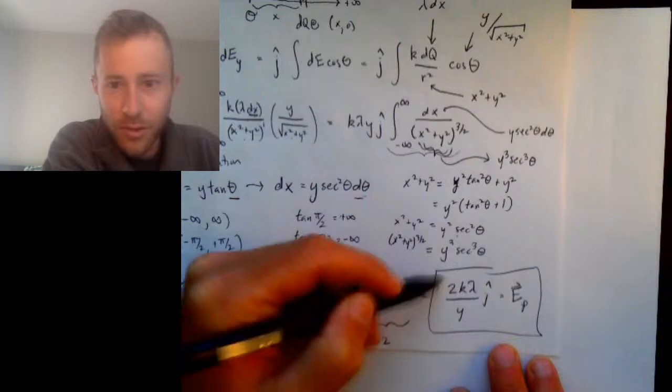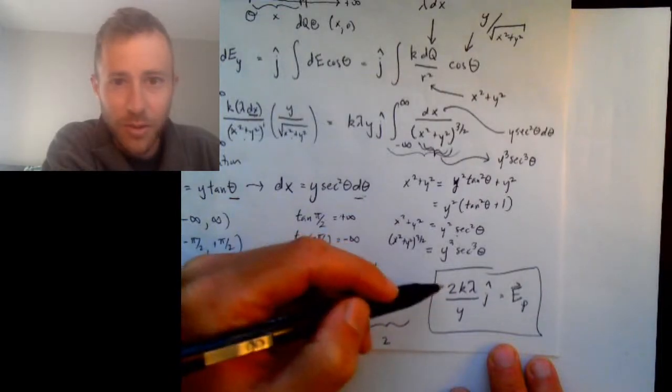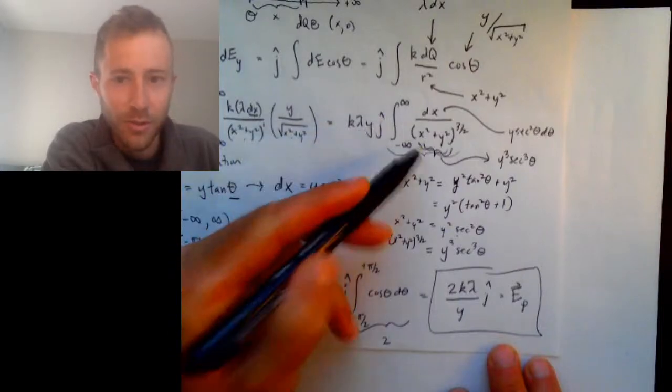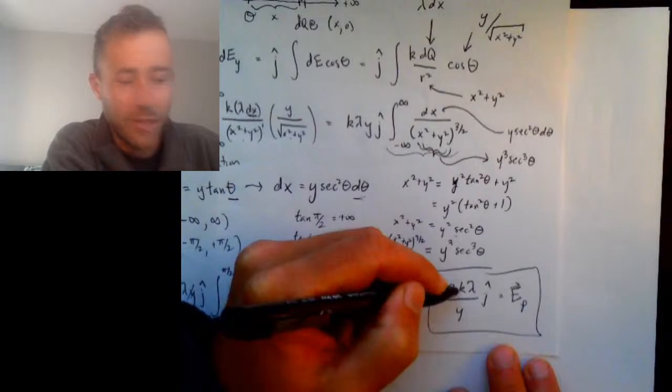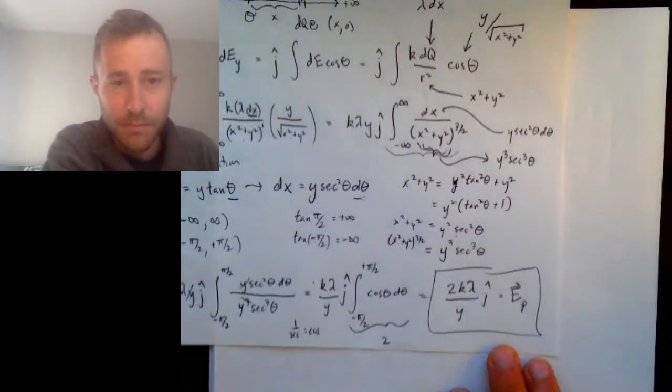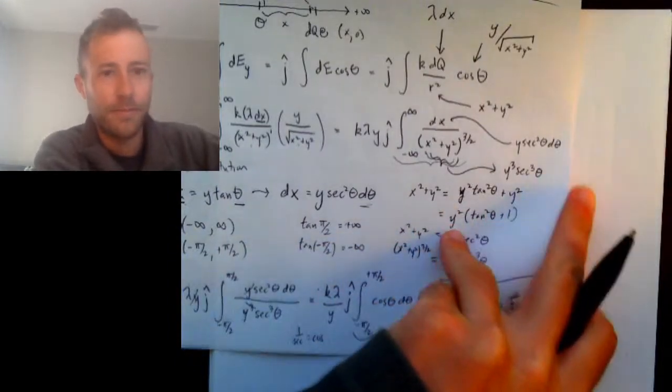I won't be able to tell you how to guess that there's a factor of 2 there, because that's the part that comes from calculating the integral. But we could actually have guessed that it's going to be something times k lambda over y. So I'll show you how to do that towards the end of the year.